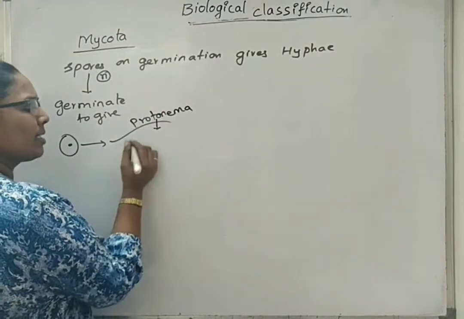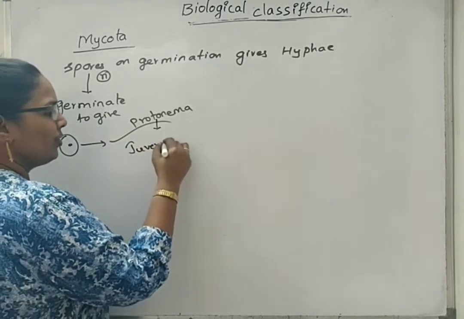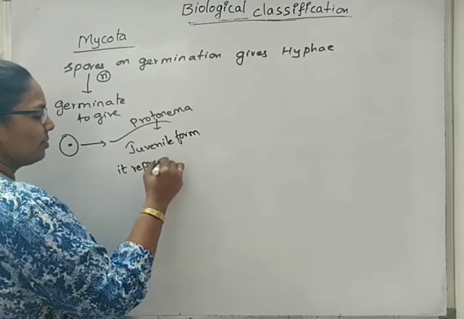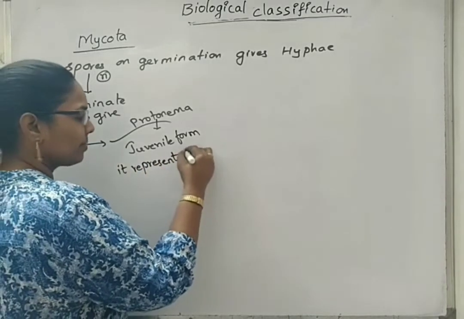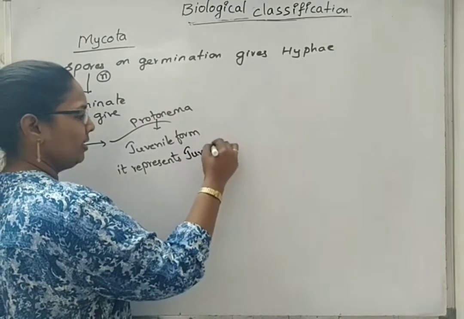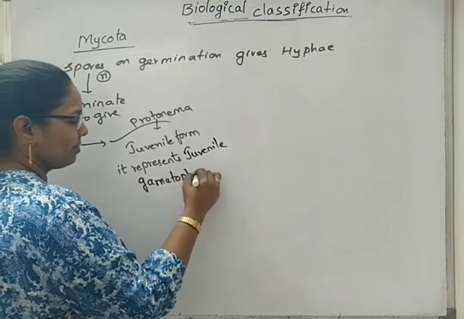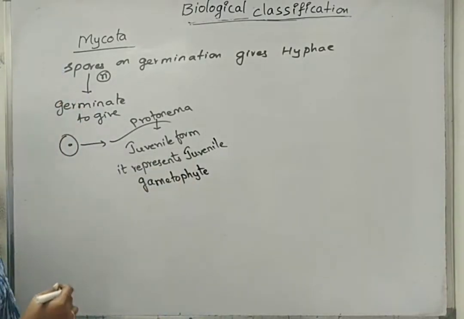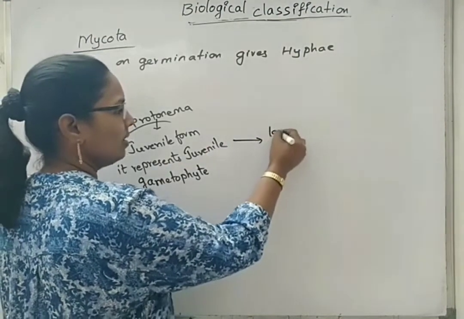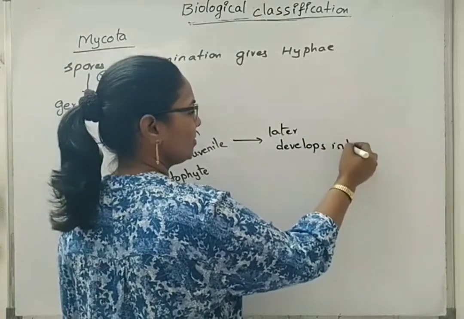This protonema is considered as a juvenile form, means newly formed one. It represents a newly formed or juvenile gametophyte. So here we are seeing formation of protonema. This protonema later develops into hyphae.